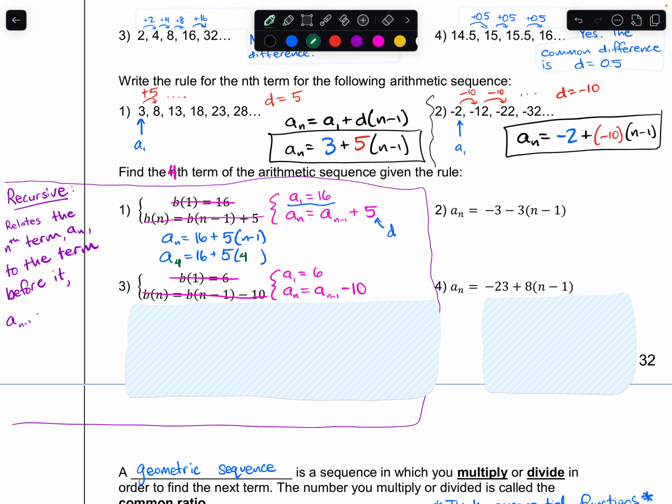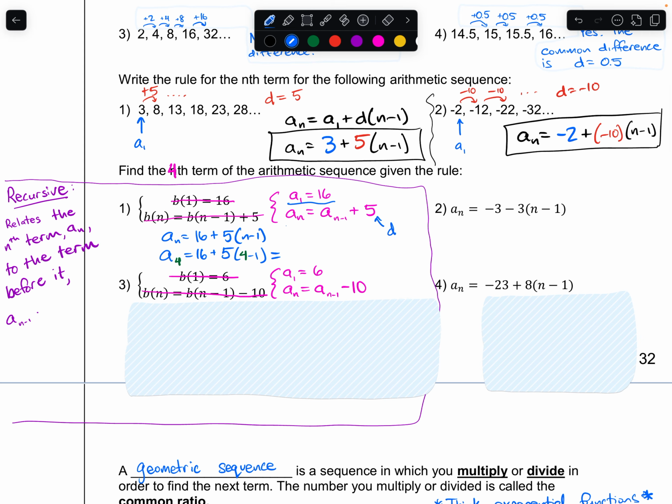I'm looking for the fourth term. Now it's all numbers. I can tell you what 16 plus 5 times the quantity 4 minus 1 is. I would do parentheses first, 16 plus 5 times 3, and then between addition and multiplication, multiplication comes next, right? So 5 times 3 is 15, and we can add those, we'll get 31. So 31 is our fourth term.